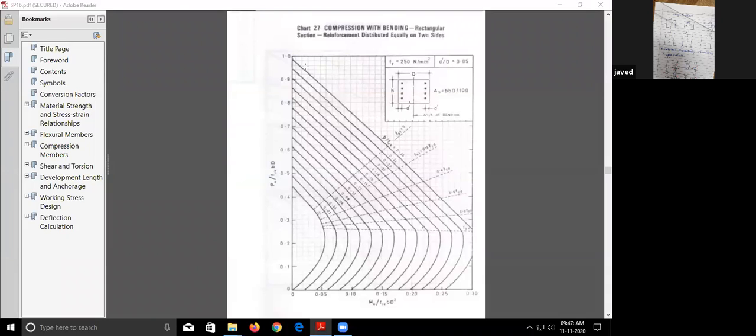Determine the ultimate compressive load which the column can take.